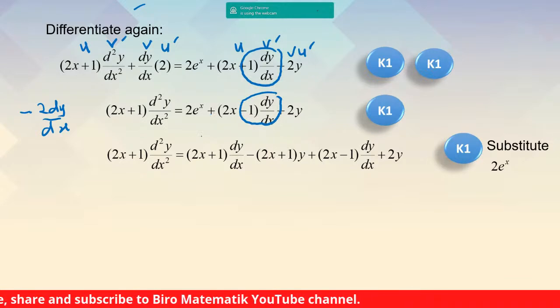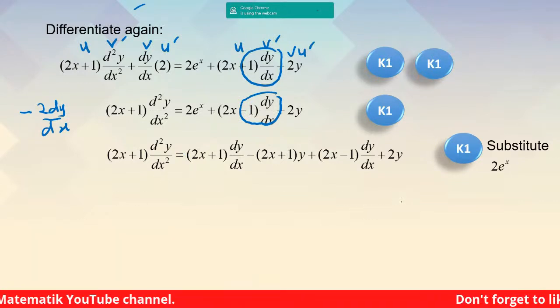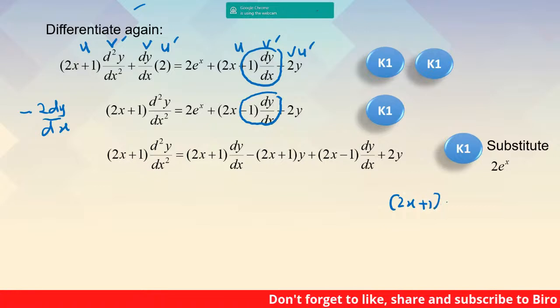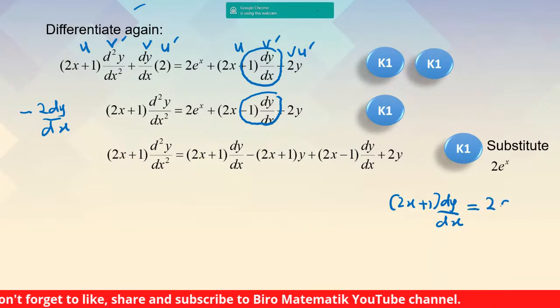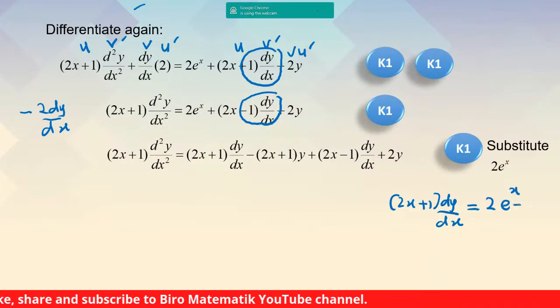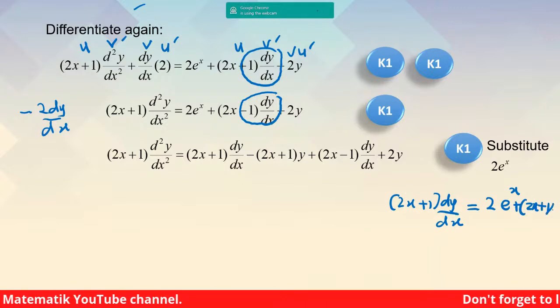From the first derivative, we get 2x plus 1 dy over dx equals 2e^x plus 2x plus 1 times y.